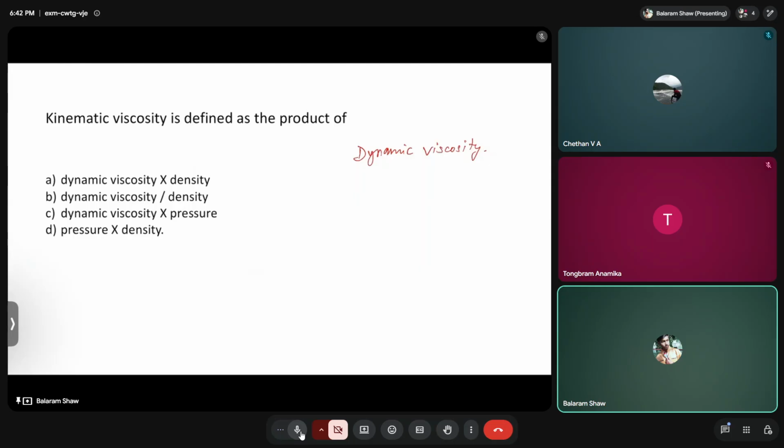Kinematic viscosity is written as the ratio of dynamic viscosity to the density. So the correct answer would be B. It is dynamic viscosity by density. Okay.